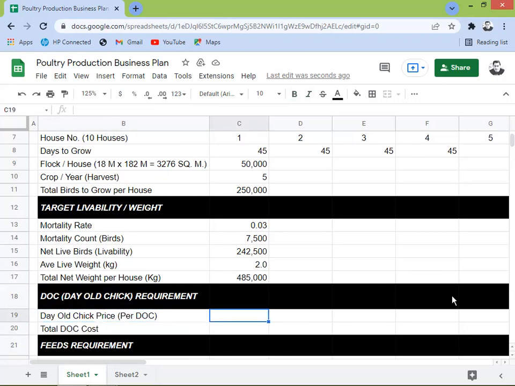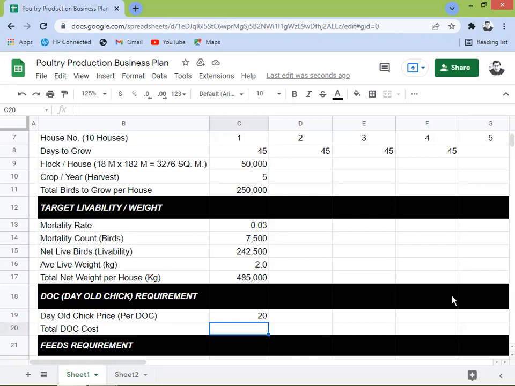The next thing that we're going to calculate is our requirement for day-old chicks, the DOC requirement. We need DOC to place in the house and grow for the grow contract grower business partner to grow. So the price of DOC, let's say where you're buying it from the market, usually the price is 20 rupees or pesos.